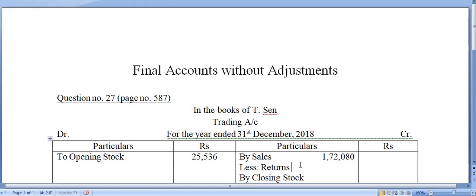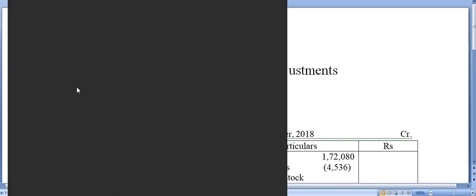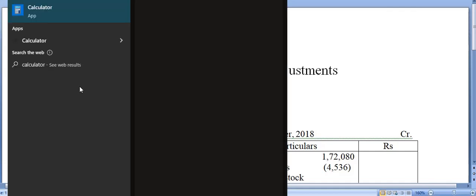So you can just write returns, no need to write sales returns, and you must subtract this item 4536. Now let us use the calculator here. It's working very slow. What's wrong with this thing?